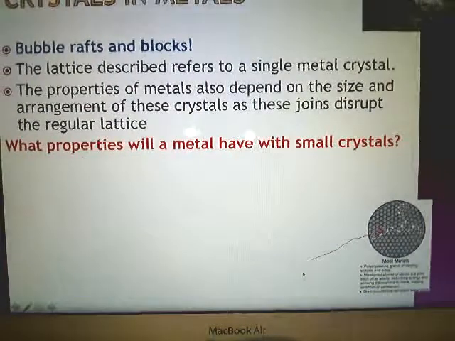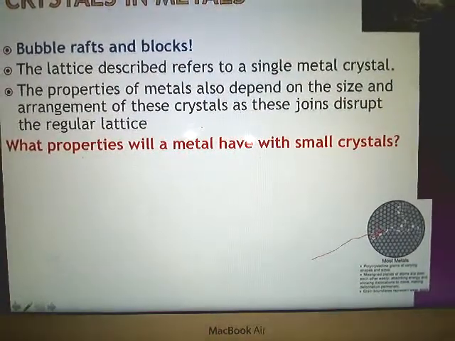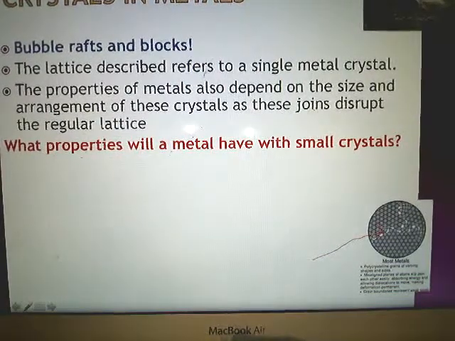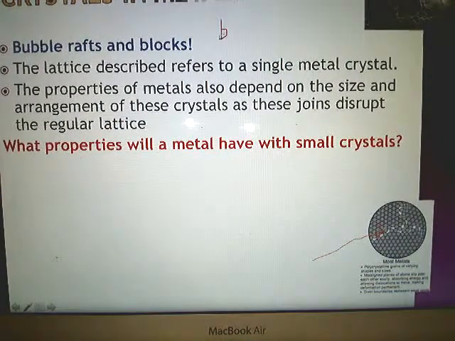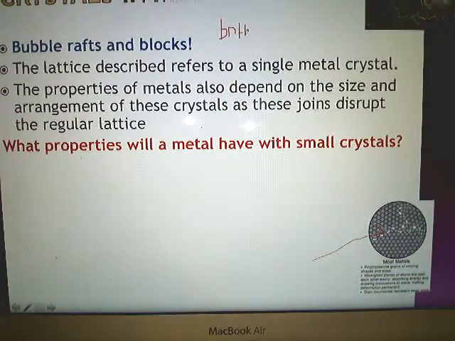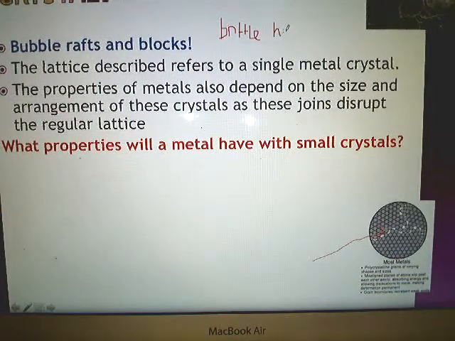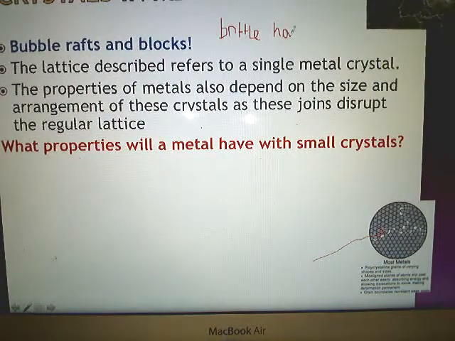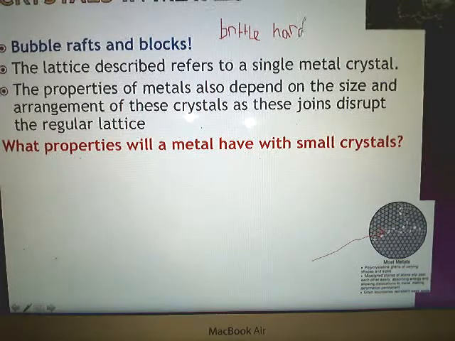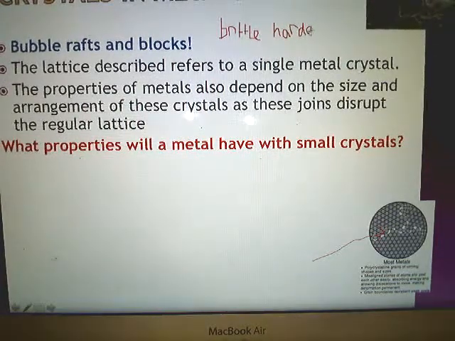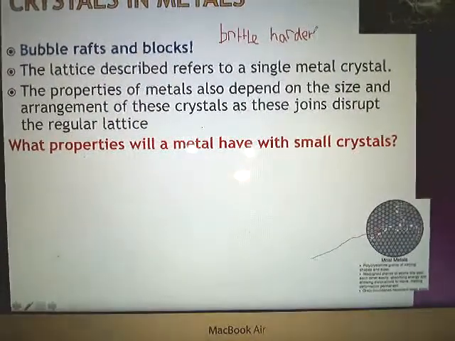When I'm talking about properties, I'm talking about things such as which ones will be more brittle, which ones will be harder or denser. So, which ones will be harder, and which ones will be brittle, the small or the large? Just take a minute and pause the video.